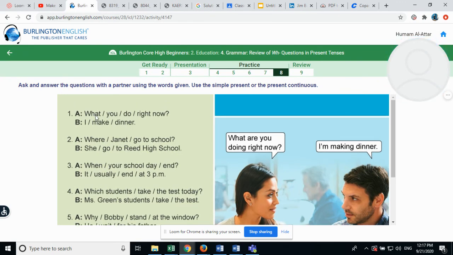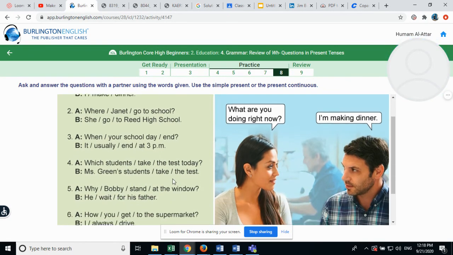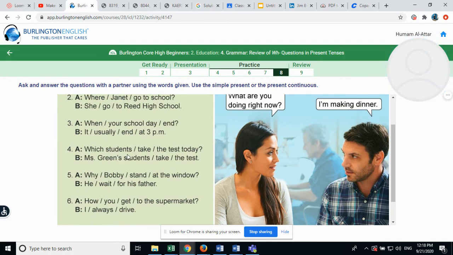Okay? What you do right now? I make dinner. Where Janet go to school? She go to Reed High School. When your school day end? When your school day end? It usually end at 3 p.m. Which students take the test today?